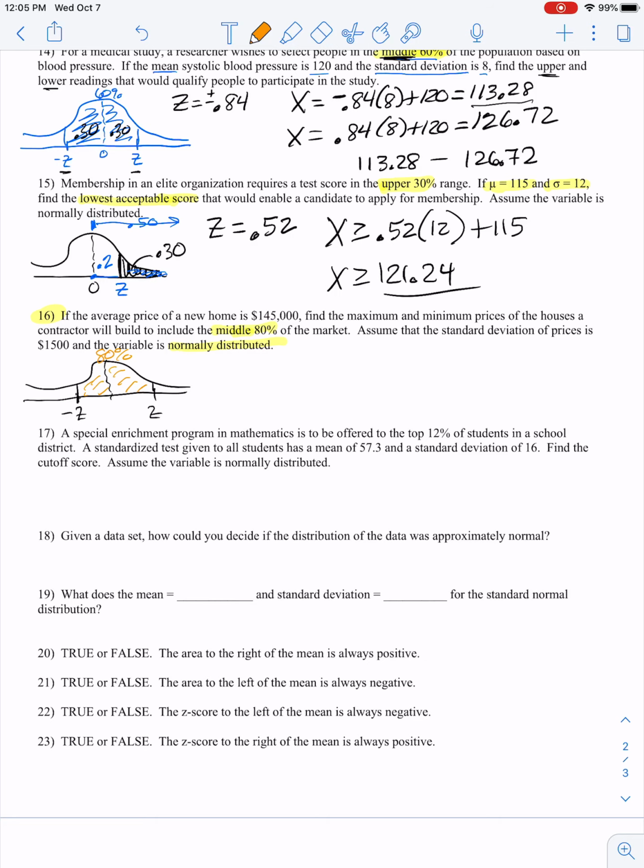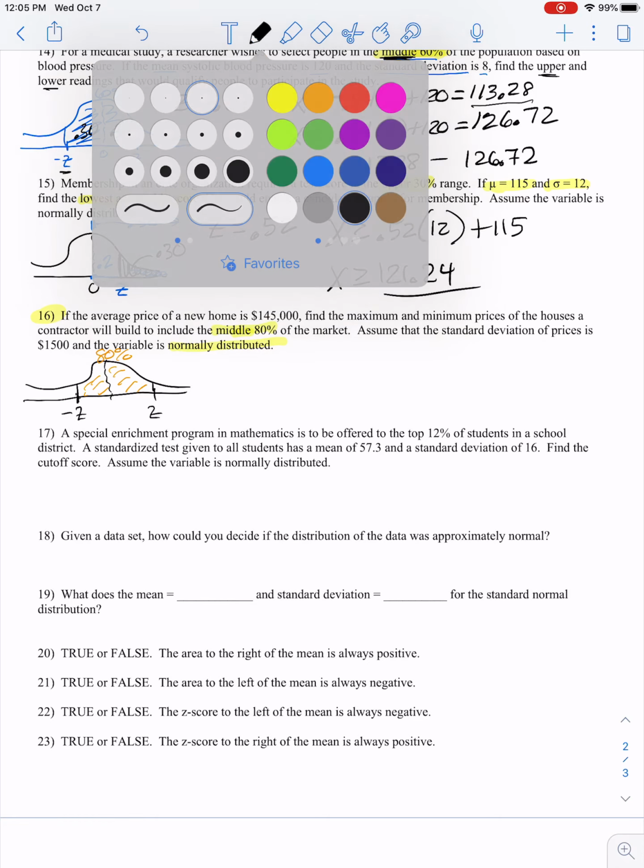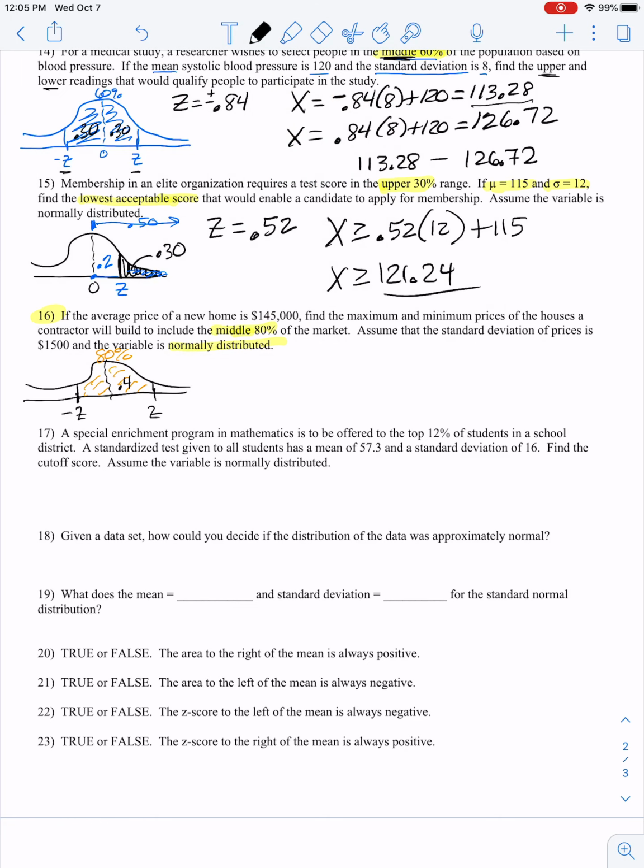So if the total is 80, that's going to tell us that we have 0.4 on each side because it's symmetric, and we've been through that part before. So using the standard normal table, you need to look up the Z closest to a 0.4. Okay, I have plus and minus 1.28. And again, it's plus minus because I have a Z on the right and a Z on the left.